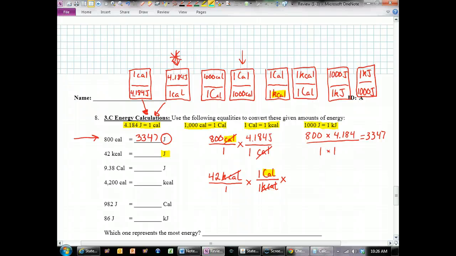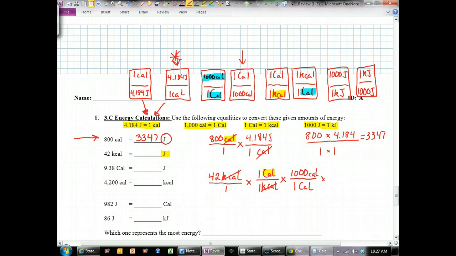So there's two possibilities, this one and this one. And the one that we want to use is this one over here, because we're going to be converting to joules on the next part. So 1 calorie over 1,000 small calories.